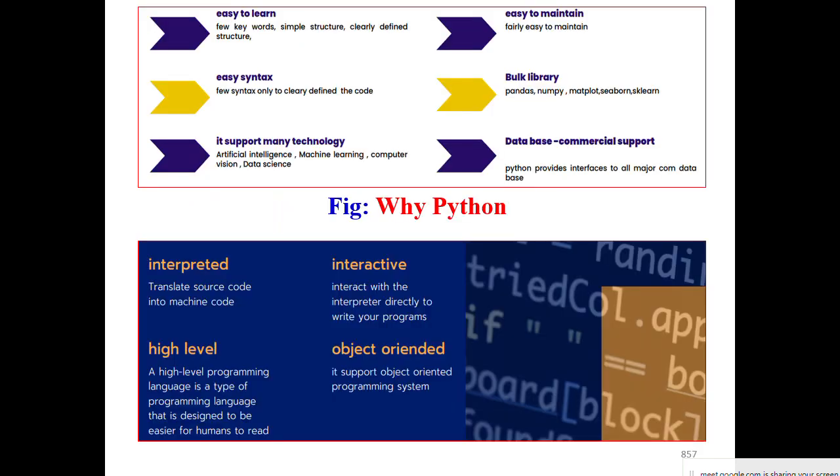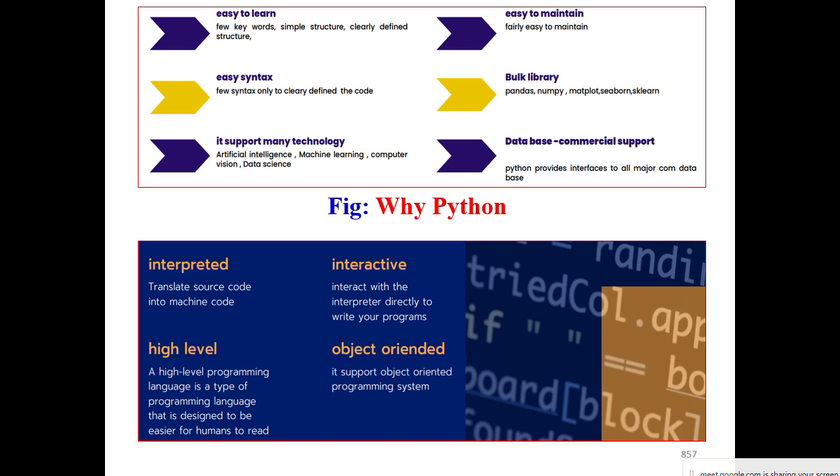So why are we using Python? Easy to learn, easy to maintain, easy syntax, bulk library. It supports many technologies, database and commercial support, interpreted language, high-level language, because we are using English. Interpreted means translating source code into machine code. Interactive means interacting with the interpreter directly to write your programs.